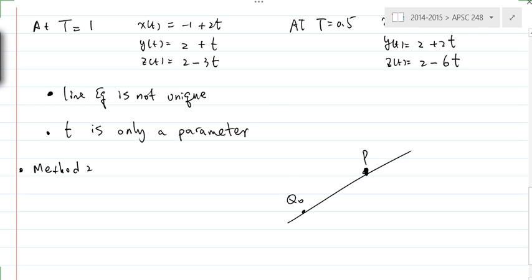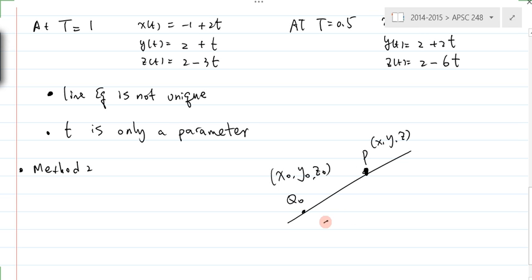So let's say I have the Q naught, which is x naught, y naught, z naught. Okay, so this is a known point. We have an arbitrary point P on the line. Now this time I'm not talking about any speed.